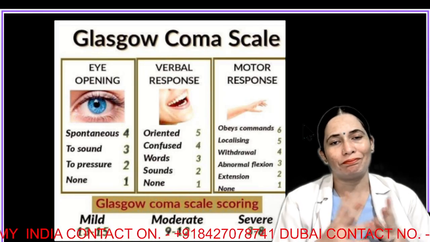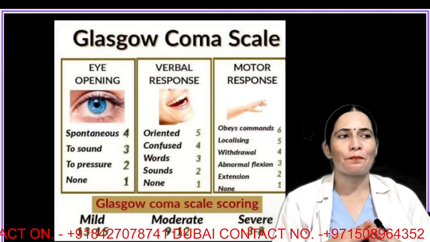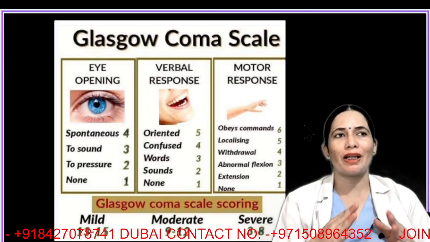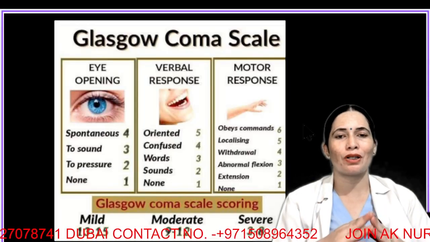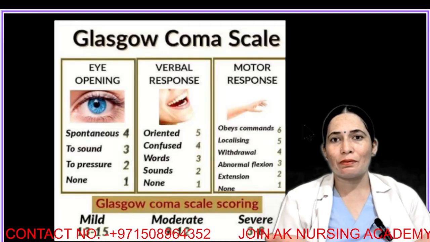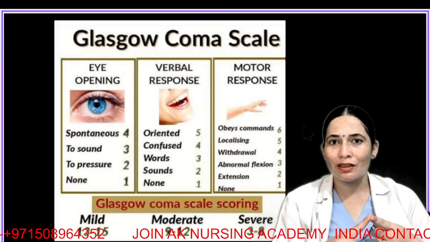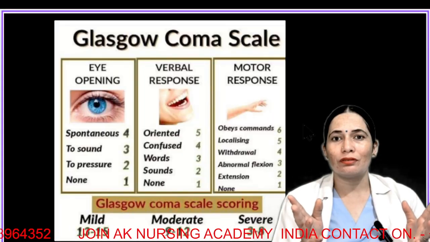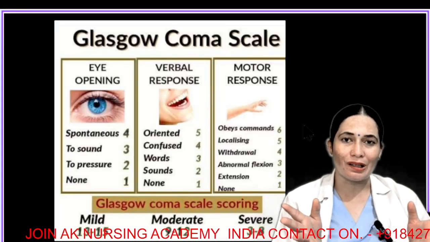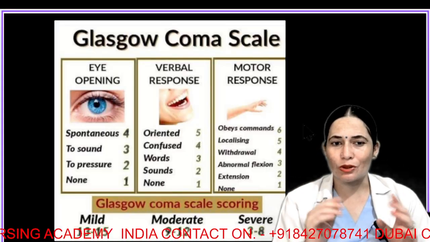And none: 1 score means the patient is not responding to any kind of pressure or stimuli. This also applies if it is not testable, meaning the patient has an injury on the eyes or severe swelling. So we can give that patient only 1 score.